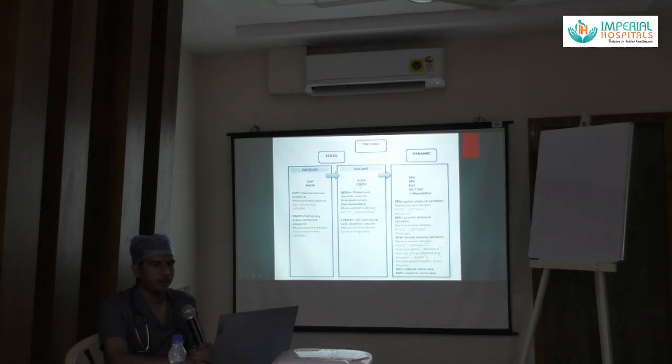Left ventricular end diastolic volume can be measured by echocardiography. And dynamic indices like pulse pressure variation, systolic pressure variation, stroke volume variation, IVC and SVC collapsibility, all this will help in knowing the fluid status of the patient. But almost all are invasive procedures, all needing an invasive cardiac output monitor.